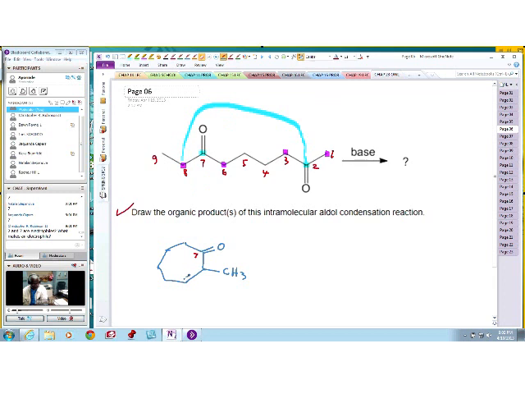So we have a carbon-carbon double bond between carbon 8 and carbon 2.